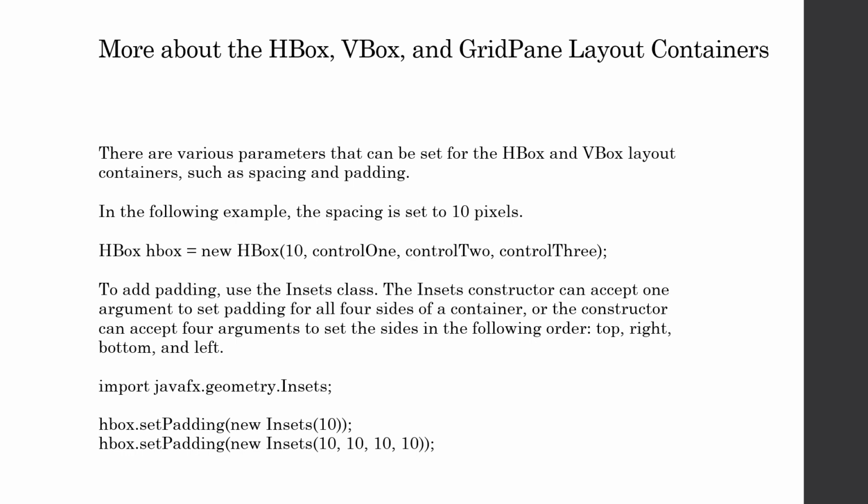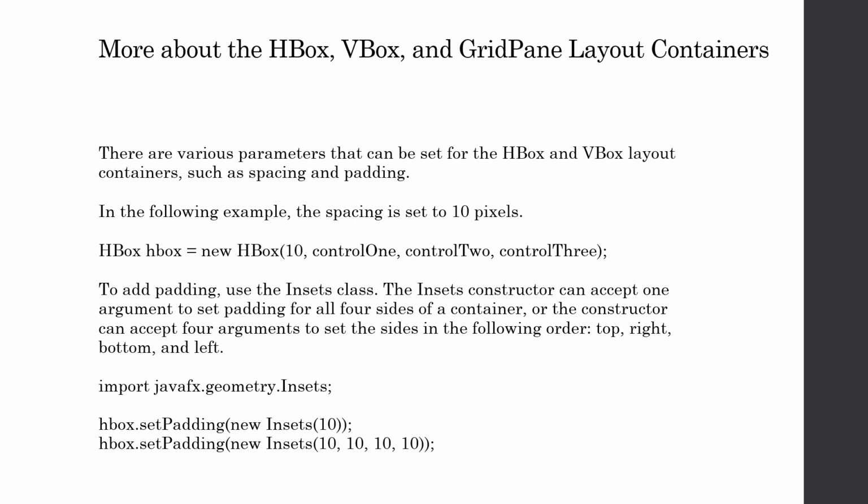In this particular example, we're taking a look at that constructor that I included before, but there's one slight difference, which is that now, at the very beginning, for the very first argument, instead of giving it some kind of control to specify something that needs to be contained inside of it, I'm giving it an integer value. And that integer value is going to specify the amount of spacing that I want to place between the different items in that container.